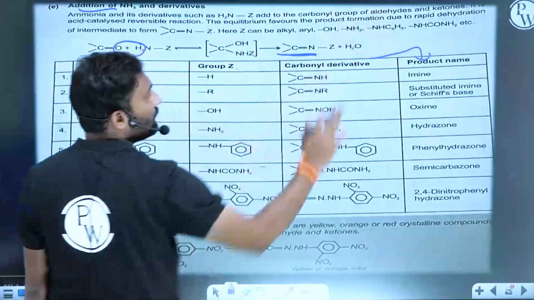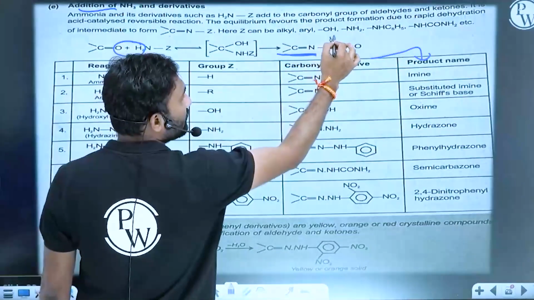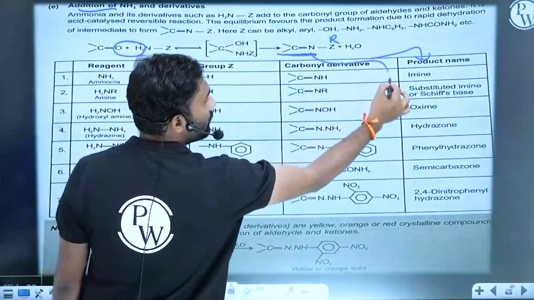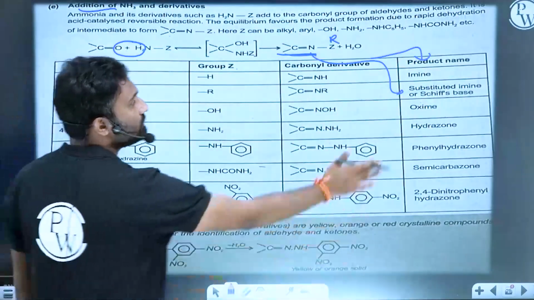Now if in the place of Z there is R, the product name will become Schiff's base.